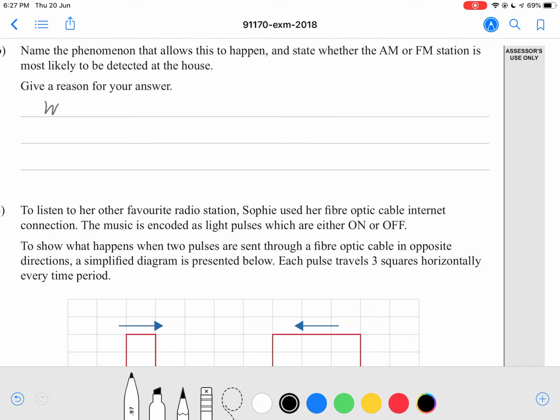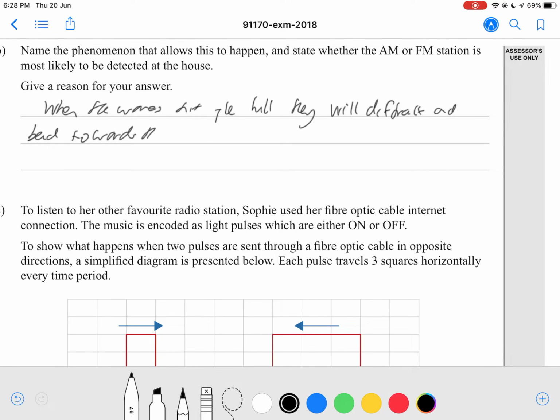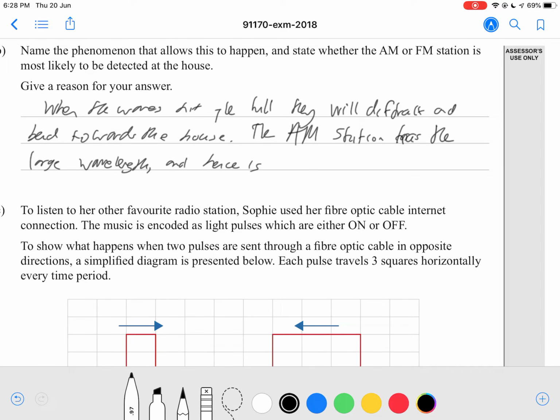Okay, so when the waves hit the hill, they will diffract and bend towards the house. Okay, so we'll say that the AM station has an extremely large wavelength and hence is able to bend more.